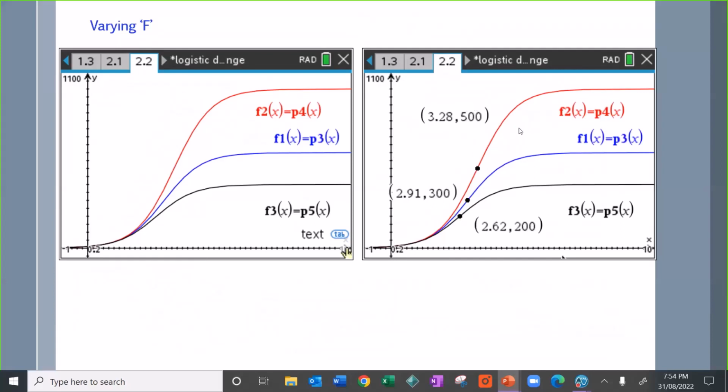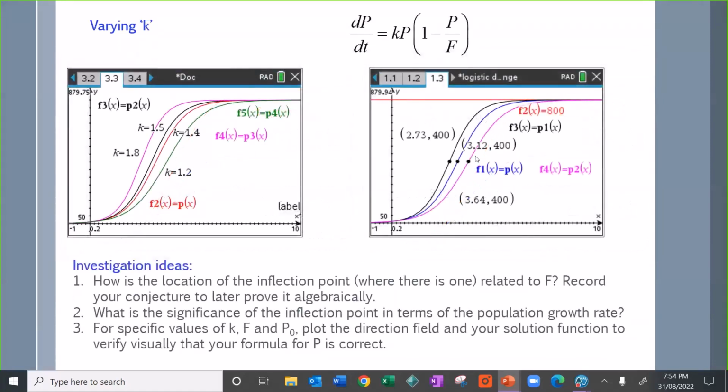I don't have the numbers here, but it is half compared to when we had a constant value of the carrying capacity. Then in the varying K, we can see that the P value here is 400. So there is a lot happening in the logistic differential equation, which can be investigated.